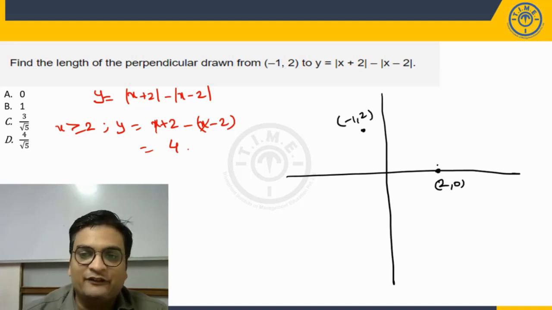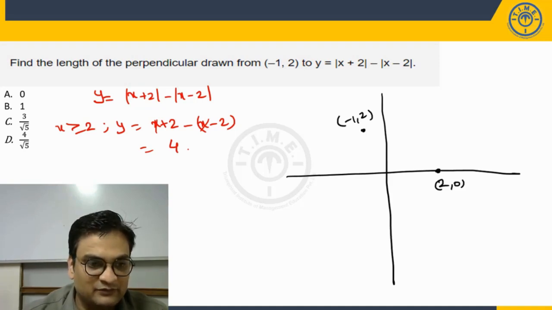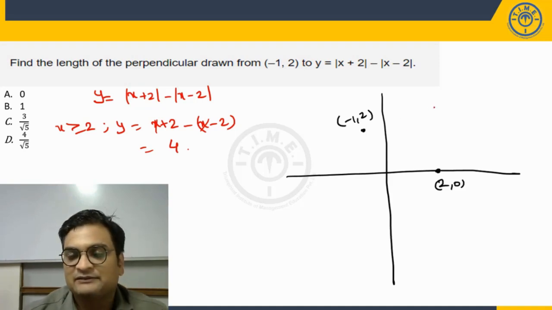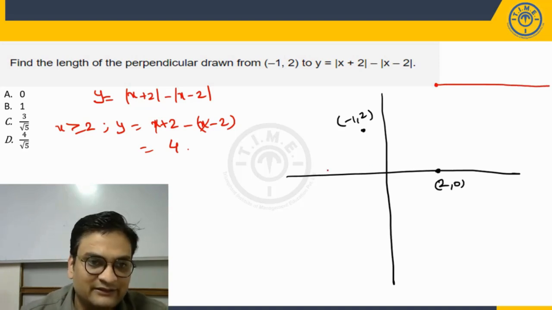For any value of x greater than or equal to 2, the value of y is going to be 4. So the graph will be here, x equal to 2 or greater, y is 4. It's like a horizontal line.